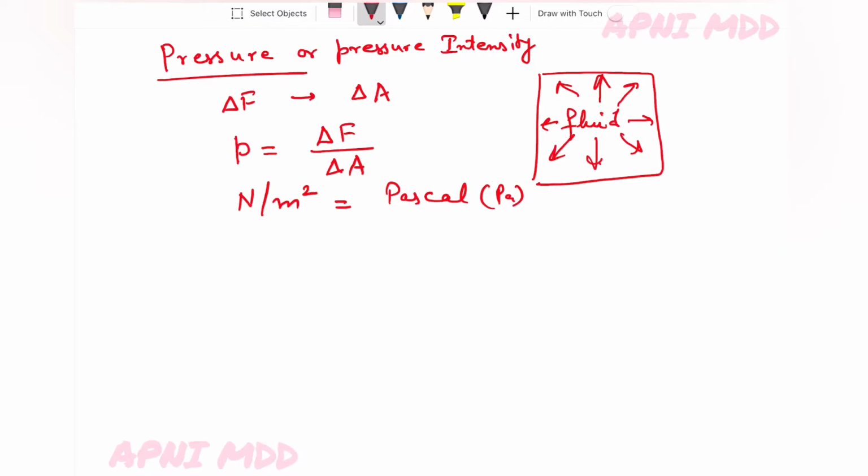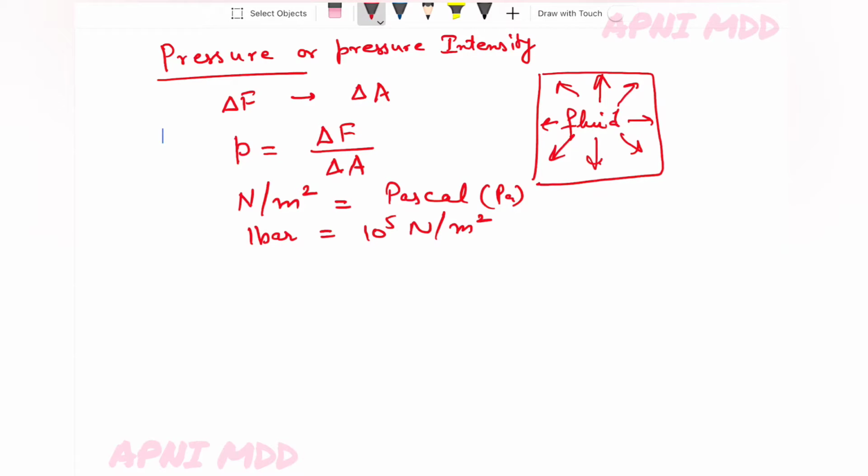The another unit for this pressure is bar. So 1 bar is equal to 10 raised to power 5 Newton per meter square. Similarly, we have some more units for this pressure or pressure intensity. So those we discuss in the coming classes.